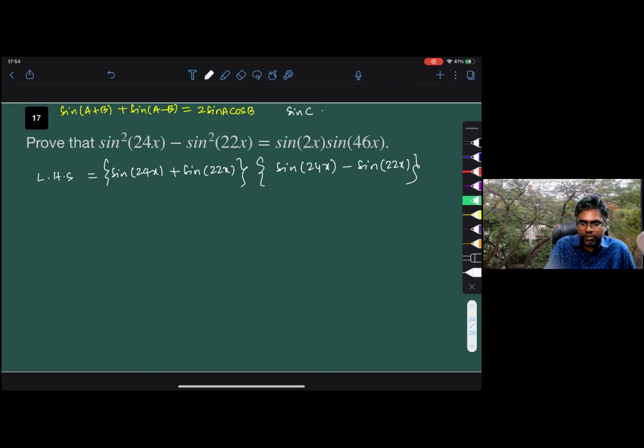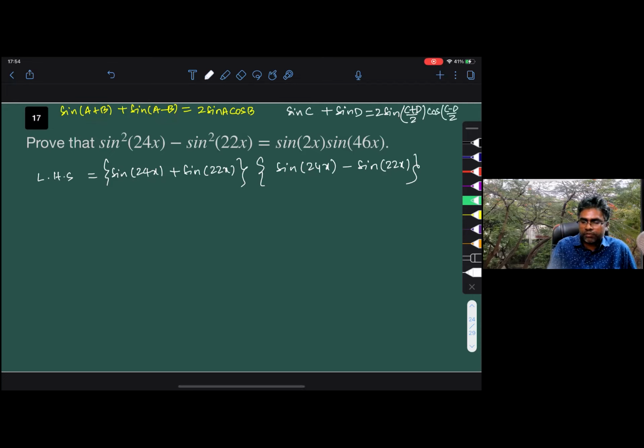So sin c plus sin d becomes 2 sin of (c plus d)/2, and then cos of (c minus d)/2. Because to get a, I add these two so that I eliminate b, and then divide by 2.